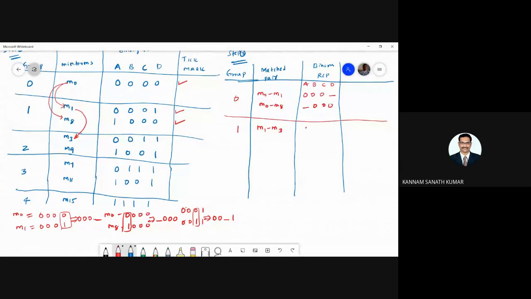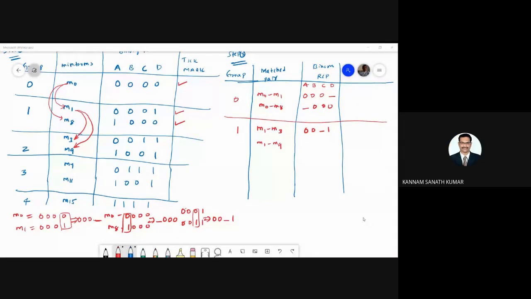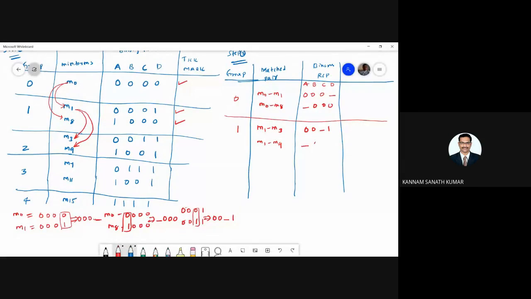Similarly m1 and m9. Do you understand what I am doing, students? Please give response. Yes, sir. So m1 and m9 gives colon 0 0 1.